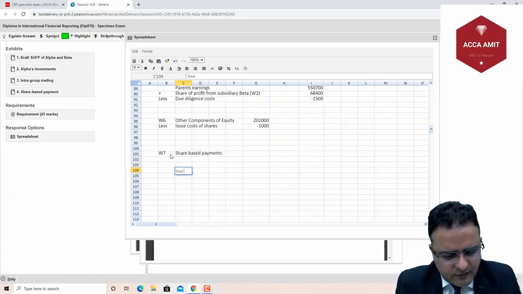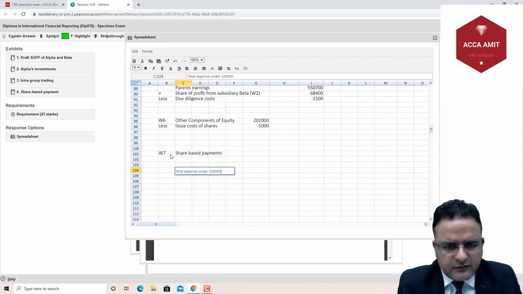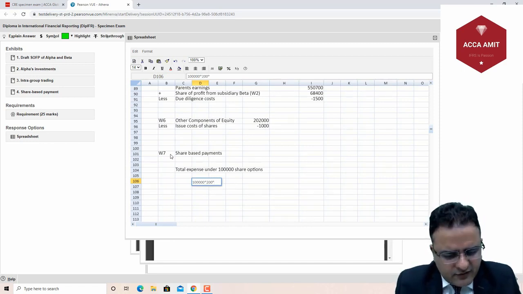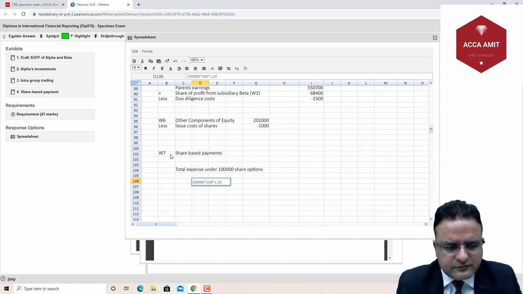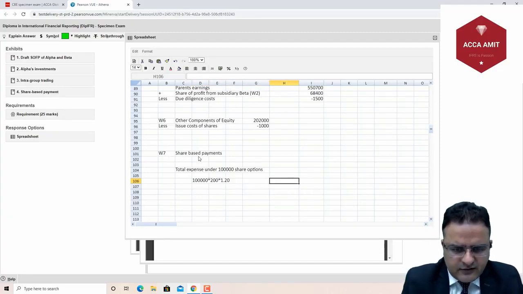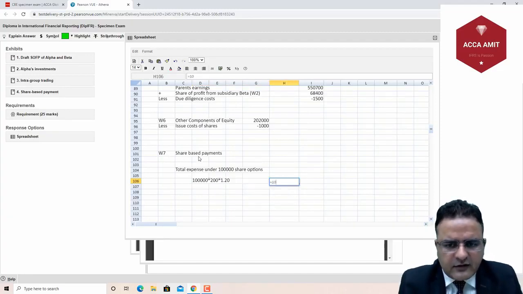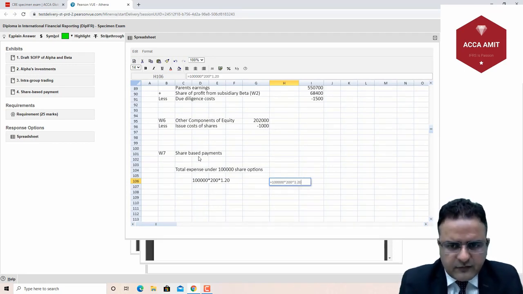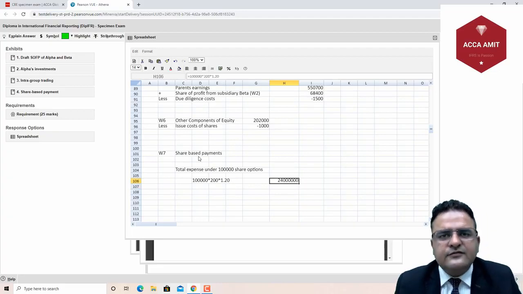Total expense under 100,000 share options is, that is 100,000 into 200 senior managers, and the price of each is 1.20. This is the cost, 100,000 into 200 into 1.20 is the total cost for 3 years.